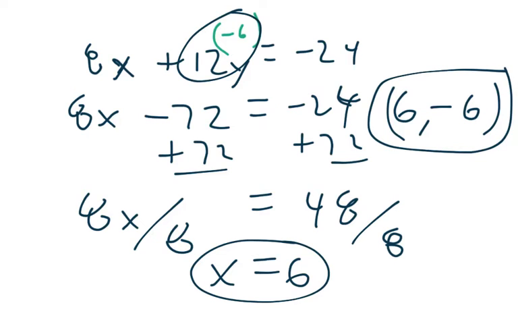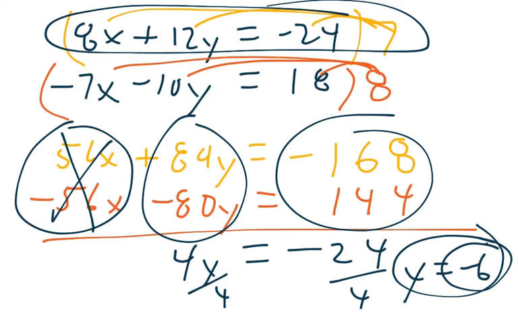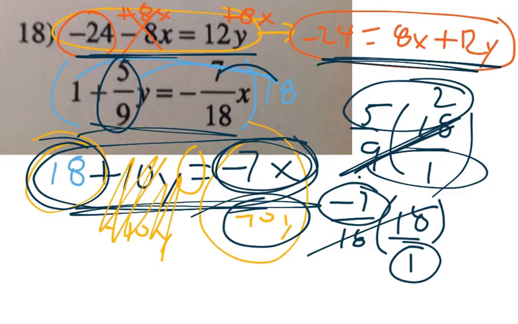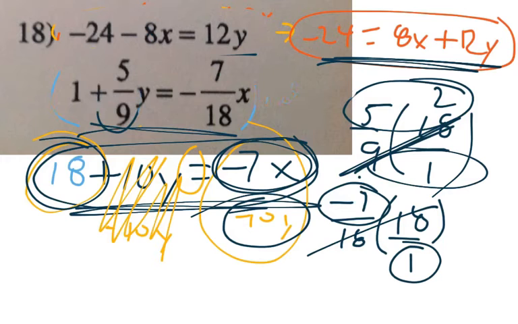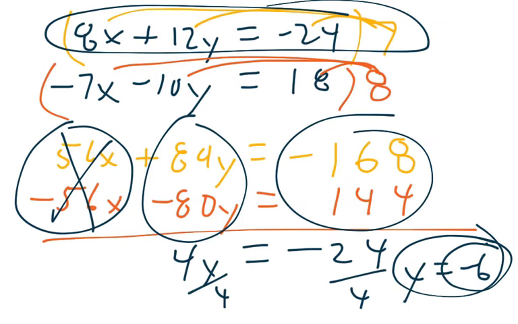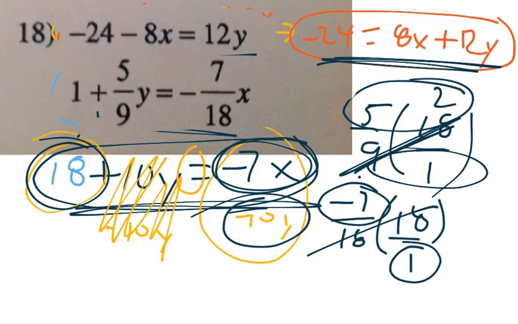Now, guys, this video is the ultimate video in a way because it has several different methods that we utilized. Just for summarizing here, we started out here, and boy, it sure looked messy. But we rearranged both equations, correct? We made sure they were both in standard form, as shown in yellow and red. In the process, we also took the second equation and multiplied it by 18, because that's a neat trick.